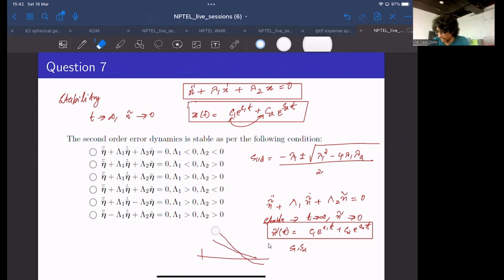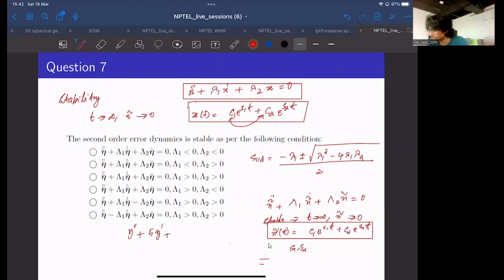I'll basically give you an example. Consider this system: y double dot plus 5y dot plus 6y is equal to 0. What are the roots of this differential equation? S1,2 would be minus 5 plus or minus root of 25 minus 4 into 6, the whole divided by 2.